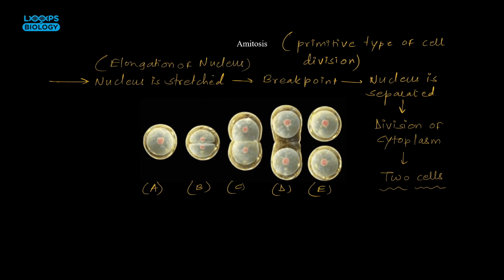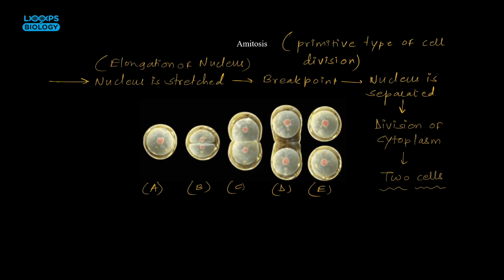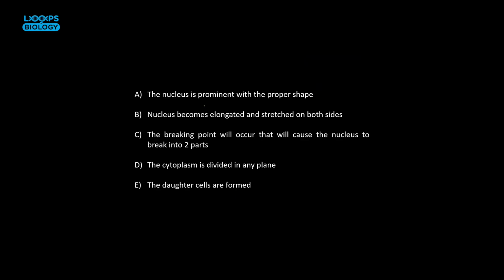Alright guys, so let's see what mitosis is saying. At point A, the nucleus is prominent with a proper shape. As we can see, there is a nucleus in orange color which is in a proper spherical shape right now.